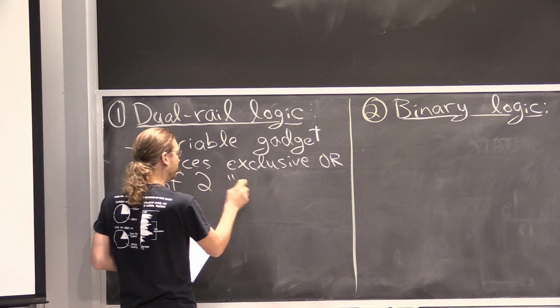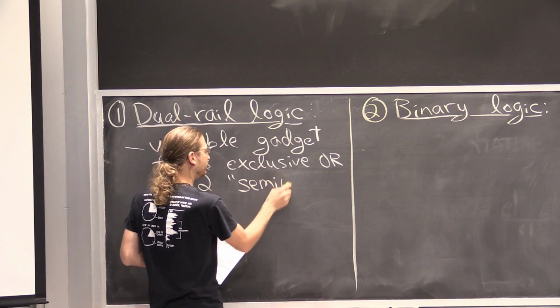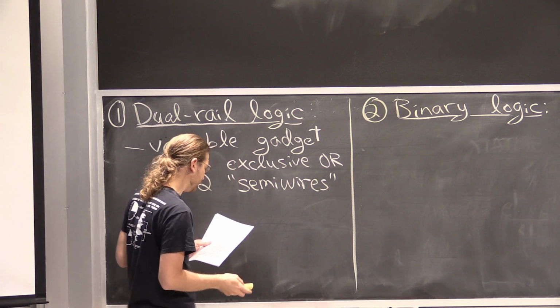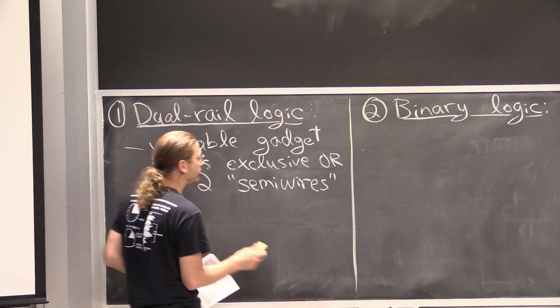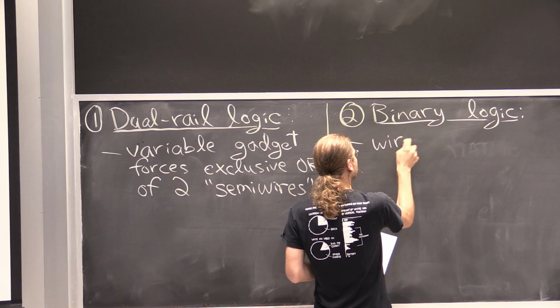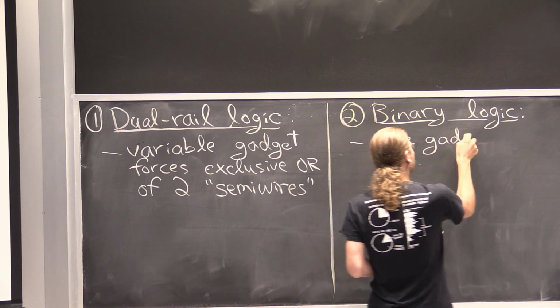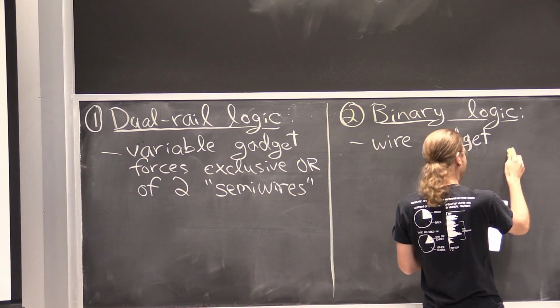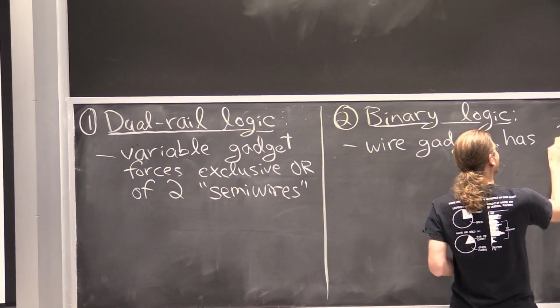And I'm going to make up some more terminology. I'll call these semi-wires to distinguish from wires. So over here in the binary logic case, this is sort of a half of a distinction. It's a semi-distinction.